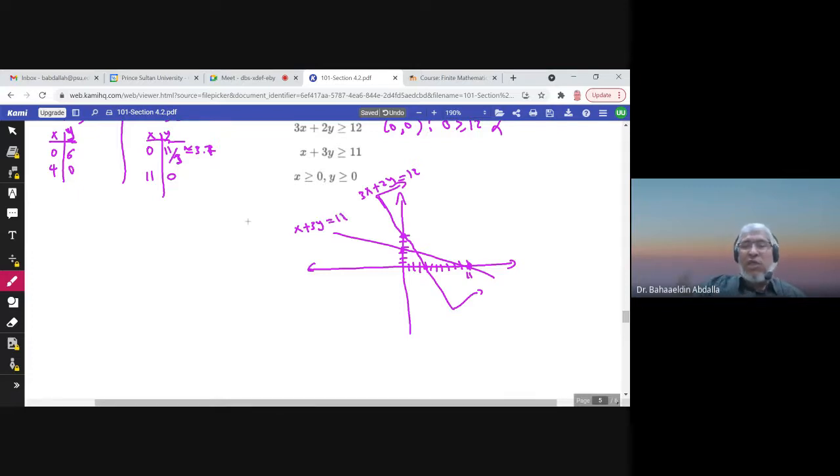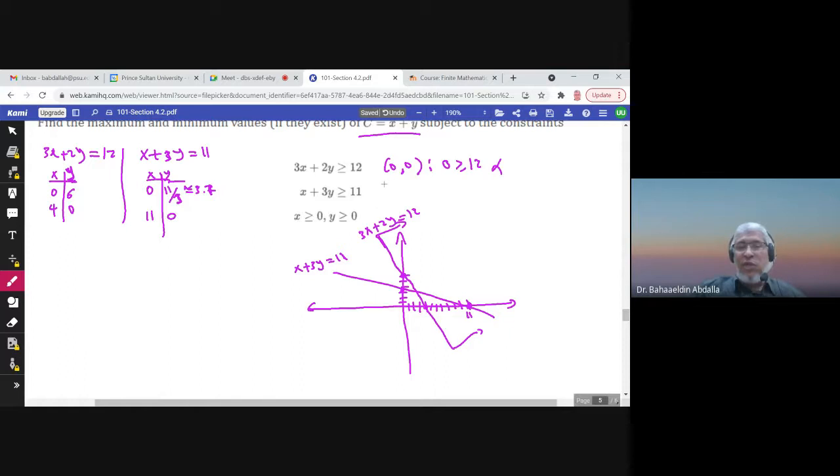And let us check the point (0, 0) in the inequality. 0 plus 0 is greater than or equal to 11. This is not correct. So the point (0, 0) is not in the region. So here is the region.